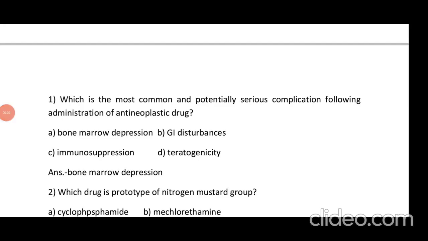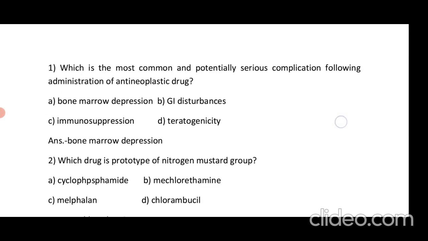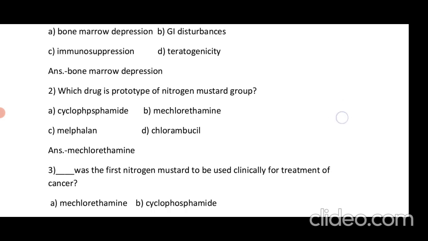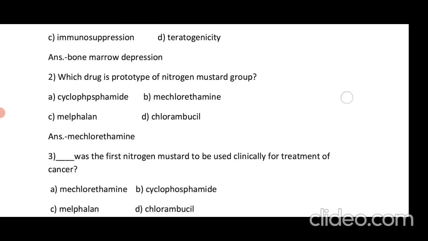Which is the most common and potentially serious complication following administration of antineoplastic drugs? Bone marrow depression. Which drug is the prototype of the nitrogen mustard group? Mechlorethamine. Mechlorethamine is the prototype of the nitrogen mustard group.